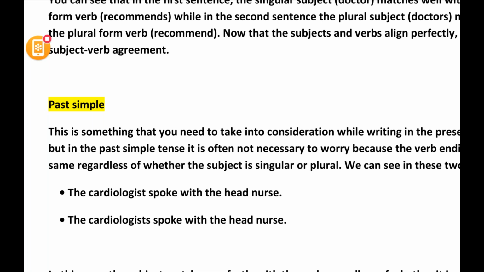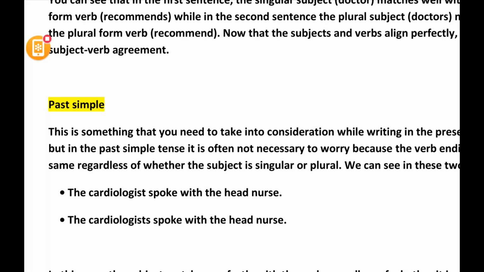Which one is correct? I think the second one is correct. Maybe the first one doesn't look incorrect. Actually, both are correct.